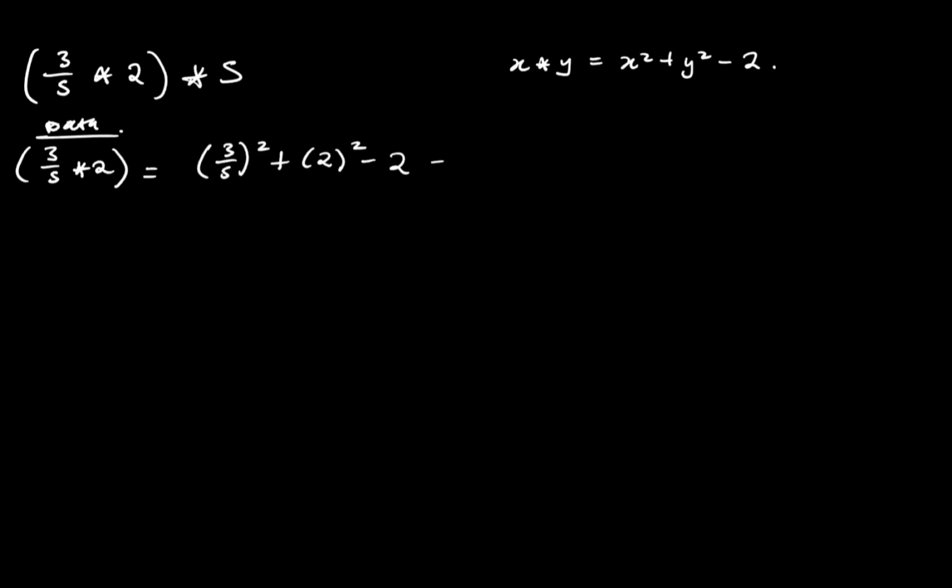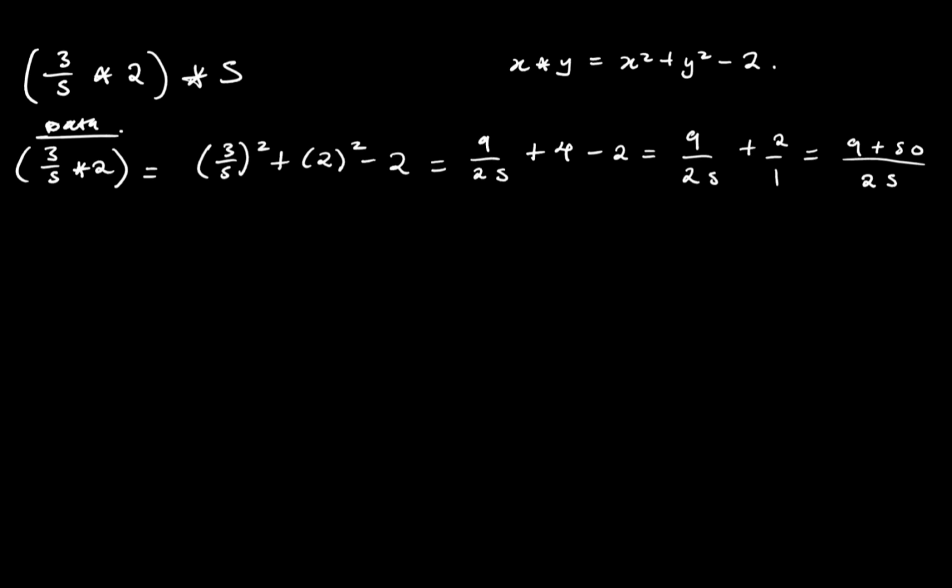This is the same as having 9 over 25 plus 4 minus 2, that will give you 2 over 1. You will have common denominator 25, and you have 9 plus 50.